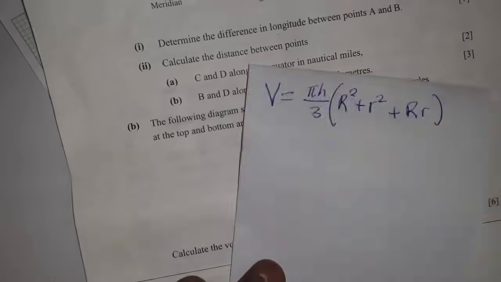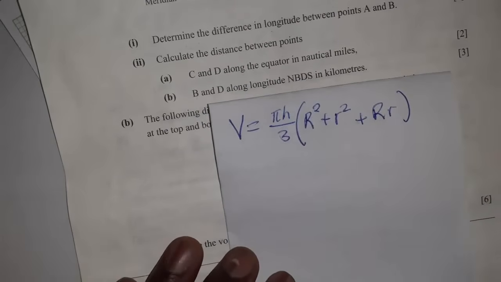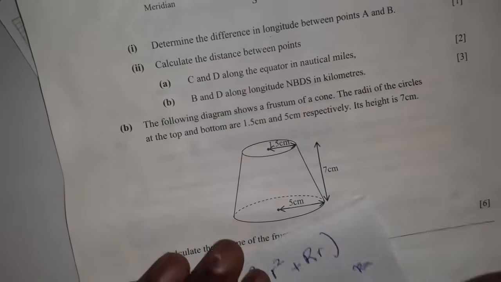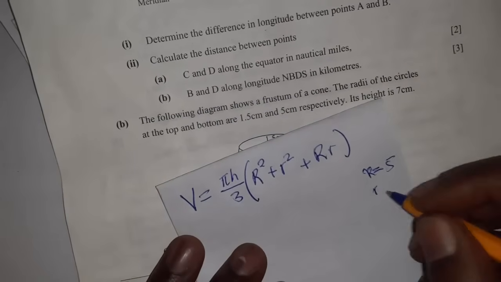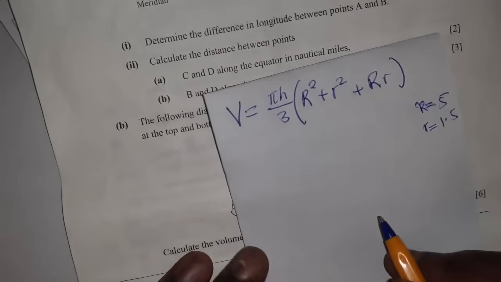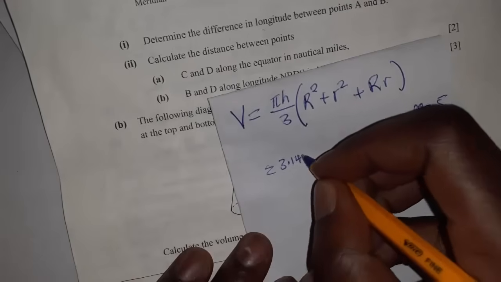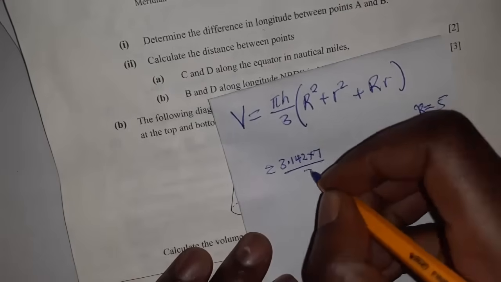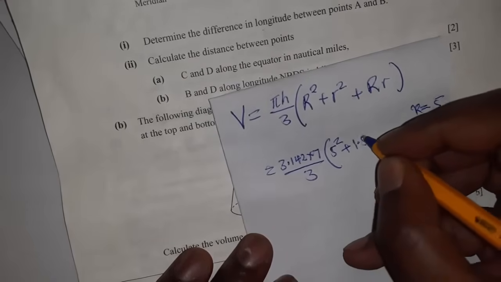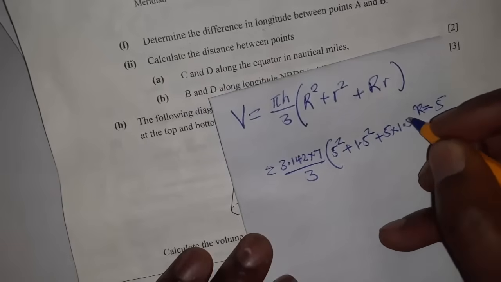Here we're going to use this formula, where R is the radius of the bigger circle, which is 5. Small r is 1.5. Then h is the height. So we're going to say 3.142 multiplied by 7 over 3, then 5 squared plus 1.5 squared plus 5 multiplied by 1.5.